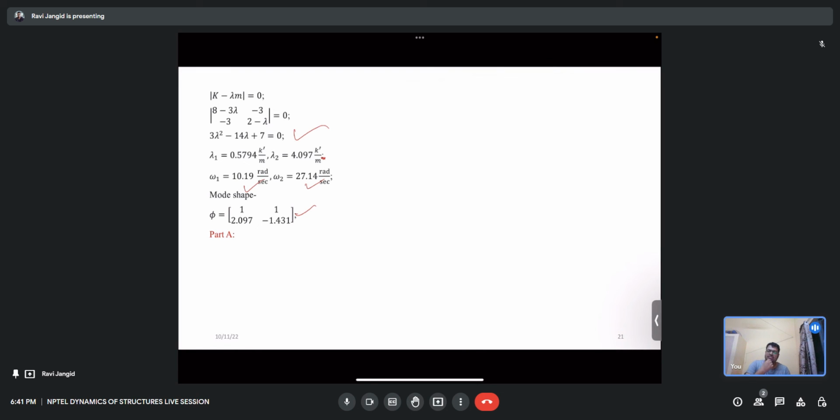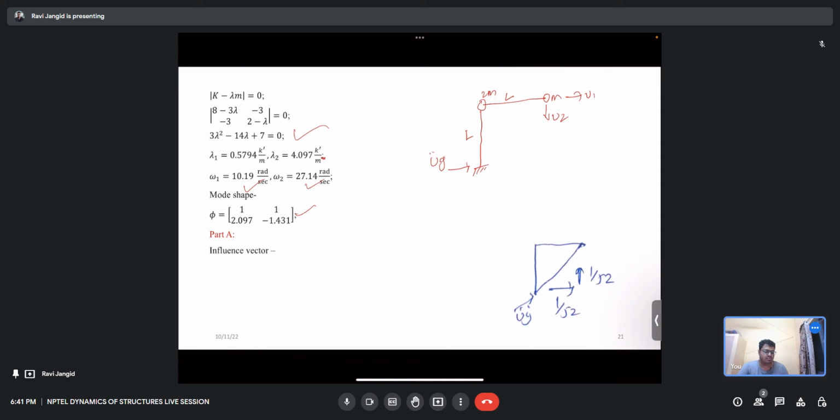But here the first is the influence vector. Like this is a mass m, this is a mass 2m, and these are L and L. If I apply a horizontal ground motion ug double dot, and my u1 is this and u2 is this, my u1 will move with the ug double dot, but my u2 will not move.